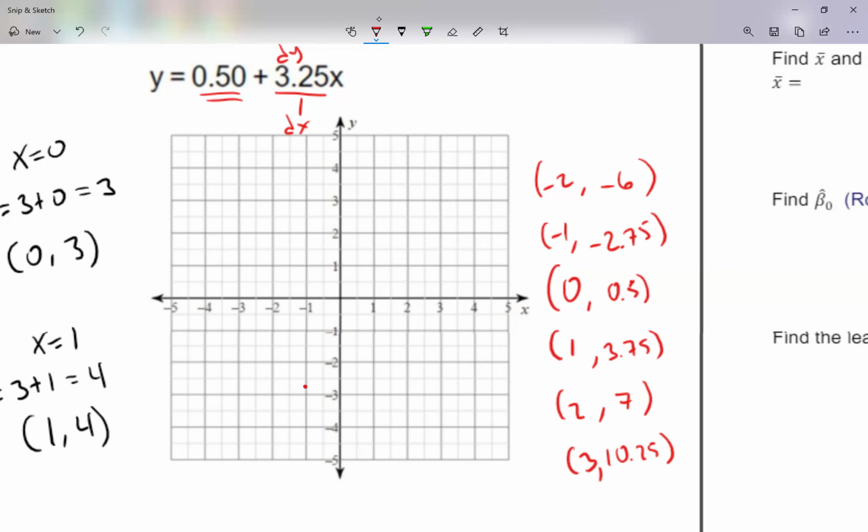So wouldn't it be about right there? Yes. The other point is (0, 0.5), so I see (0, 0.5). And the other point I get is (1, 3.75). And then the other points I cannot graph. Good.